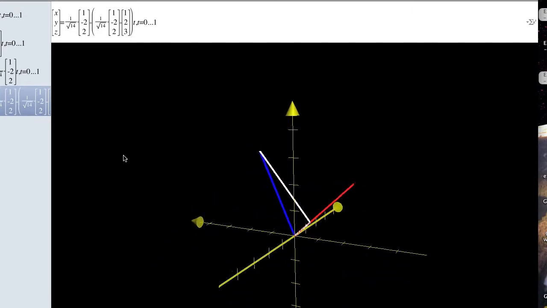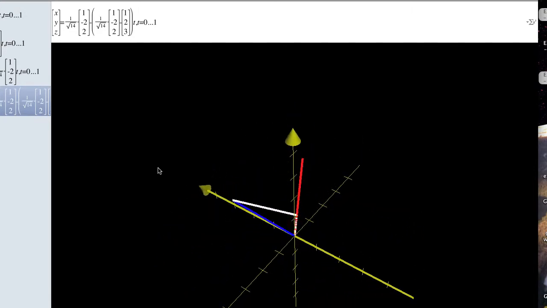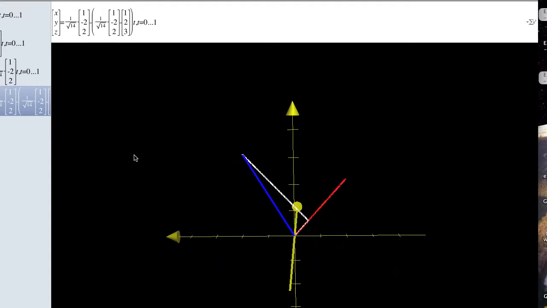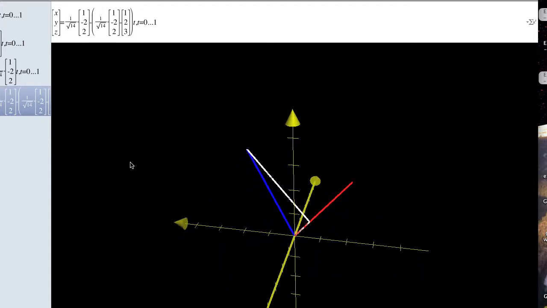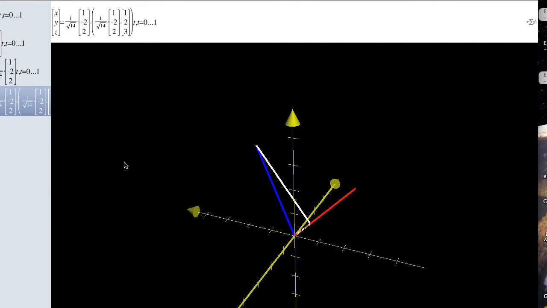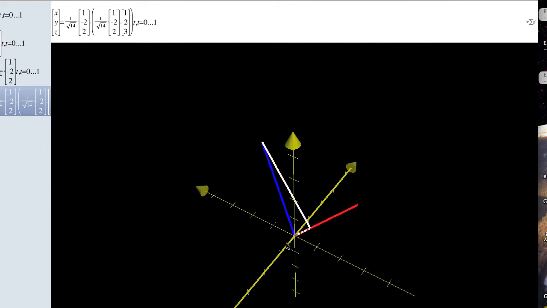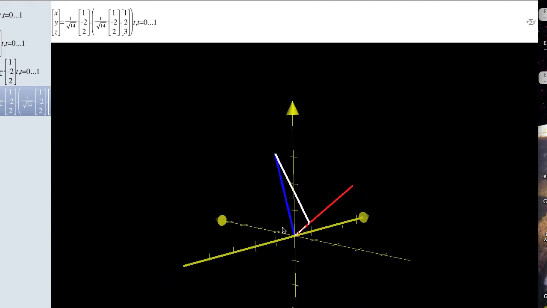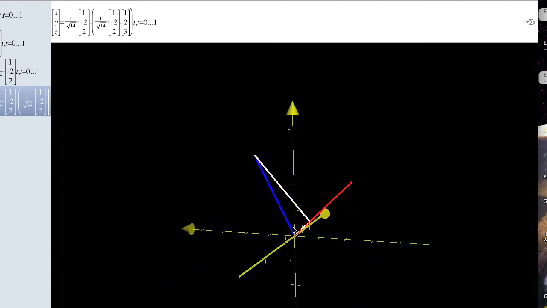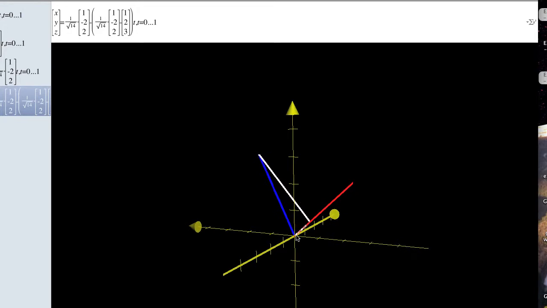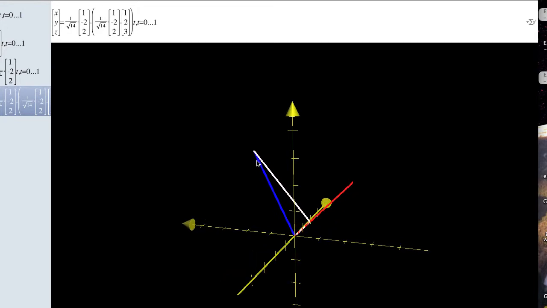That's a 90-degree angle. So these are the same two vectors from the last example. I've done the projection of the y vector onto the x vector. I think that's the way we went. And it gives me this length here. Okay, this is the projection.